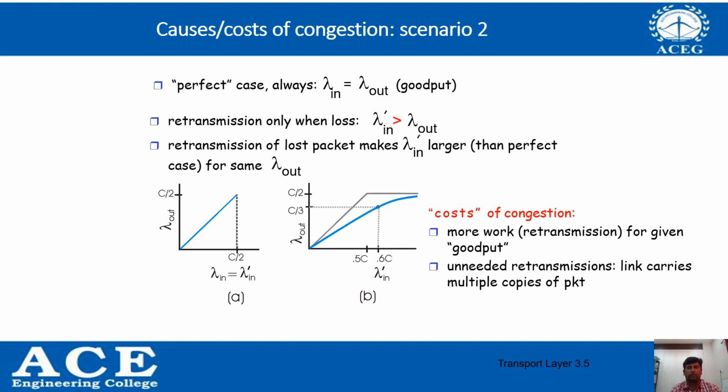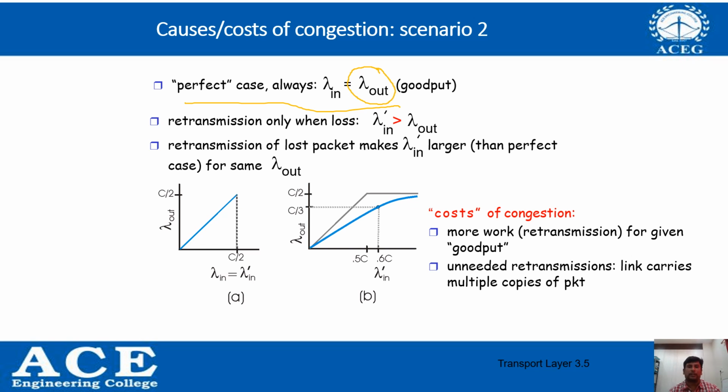Right. So let's look at the effect of this particular scenario on the throughput and delay of the packets. The perfect case is when the total data, the packets transmitted through the router, is equal to the forwarding capacity of the router, denoted as lambda out. So if the total packets from sender 1 and sender 2 are cumulatively less than or equal to lambda out, all the packets will be processed.